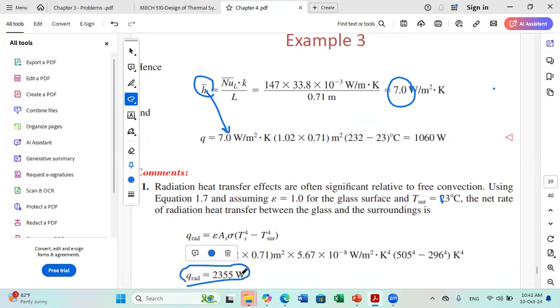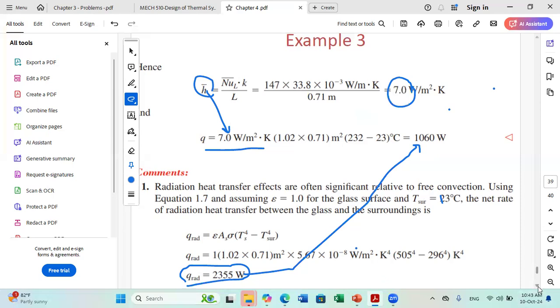And this is expected because in case of a chimney, radiation will be more important than natural convection. But you cannot neglect either of the two. Even natural convection is relatively high: 1,060 compared to radiation, so it's nearly 50% of radiation, which is good. So natural convection will help in heating your space in addition to the radiation process. And Q total will be equal to Q convection plus Q radiation.